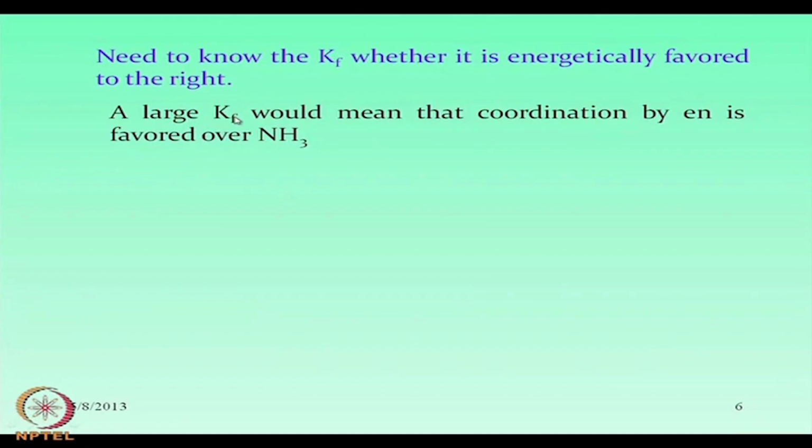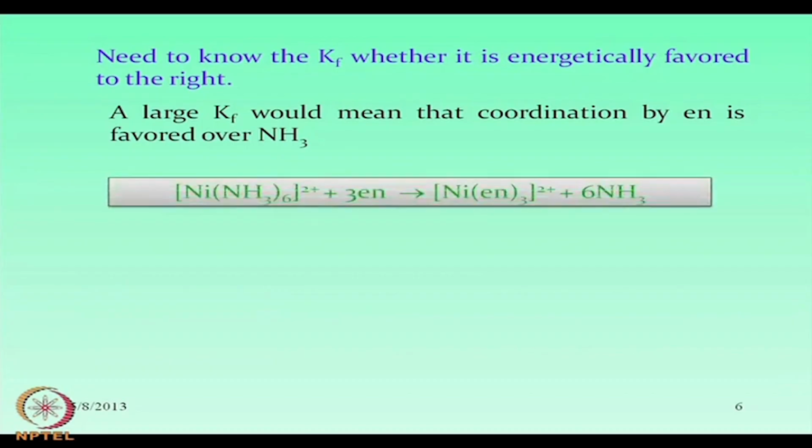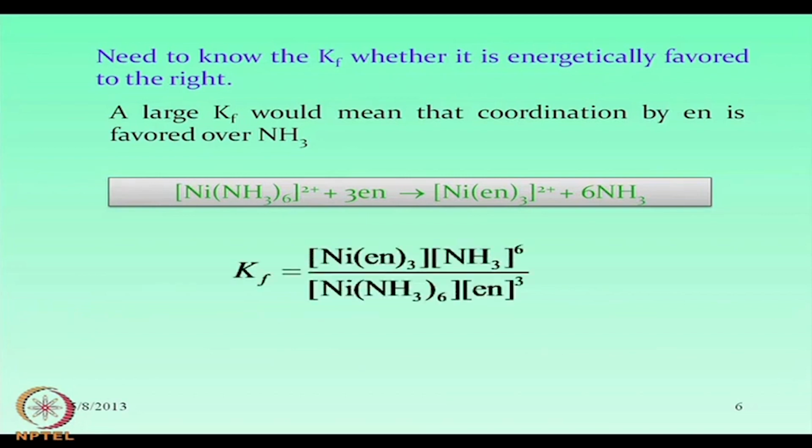If we are able to measure that experimentally, these values can be measured, the corresponding K value in solution for the reaction of ethylene diamine with NH3, we can consider that the coordination of ethylene diamine is favored over NH3. That is why ammonia molecules are leaving behind and those positions are taken up by the ethylene diamine molecules. So, we find the binding of 3 ethylene diamine to this system.